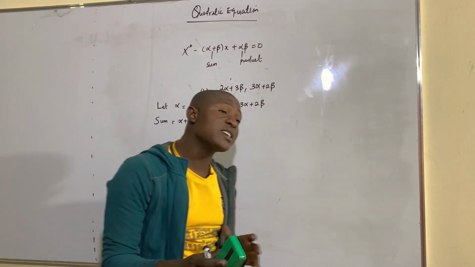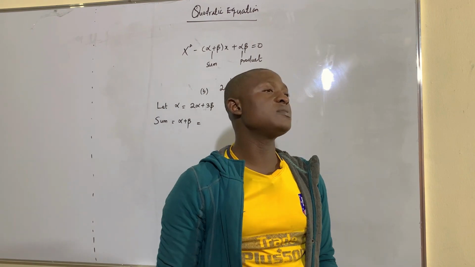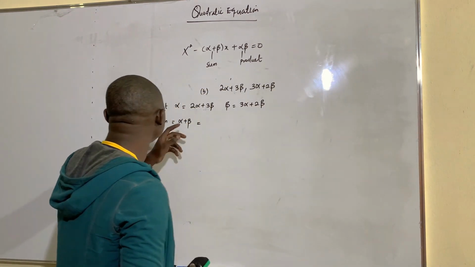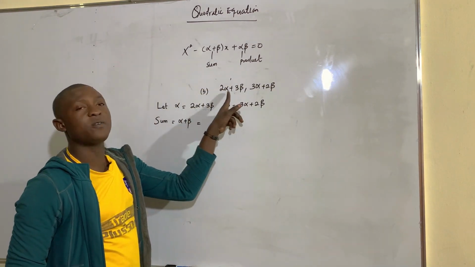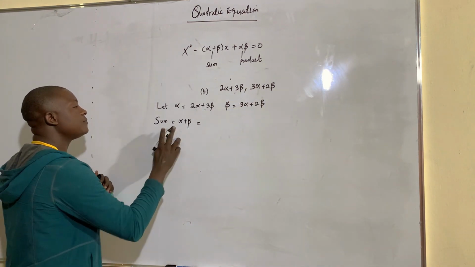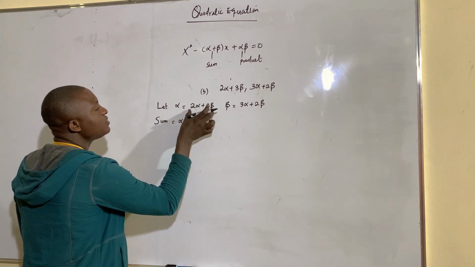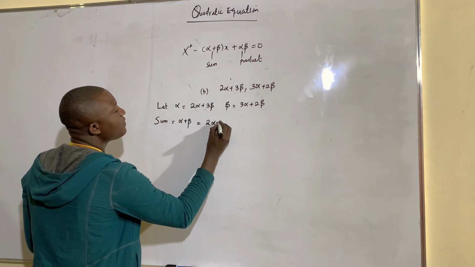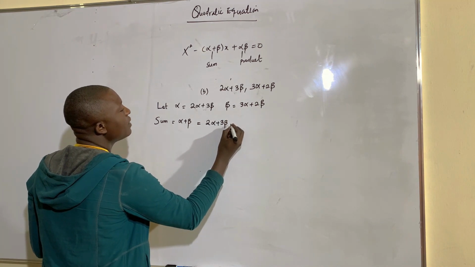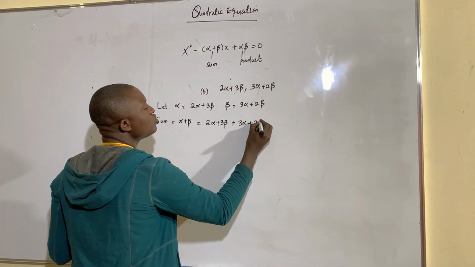So now my alpha is this, and my beta now is just substitute. The first one you can see there's no difference, because alpha is the same thing as alpha, beta is the same thing as beta, but now you can see it's different. I let alpha be the first one, and beta the second one. So I can have 2 alpha plus 3 beta plus 3 alpha plus 2 beta.